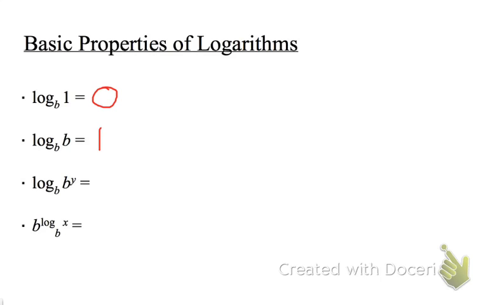Now this third basic property here, if we look at this and we ask ourselves, what is this asking? We're taking the log base b of b to the y power. If we think of that in terms of exponents, we want the base b raised to an unknown power to end up equaling b to the y power. Well, since the bases match, this unknown exponent is this written out exponent.